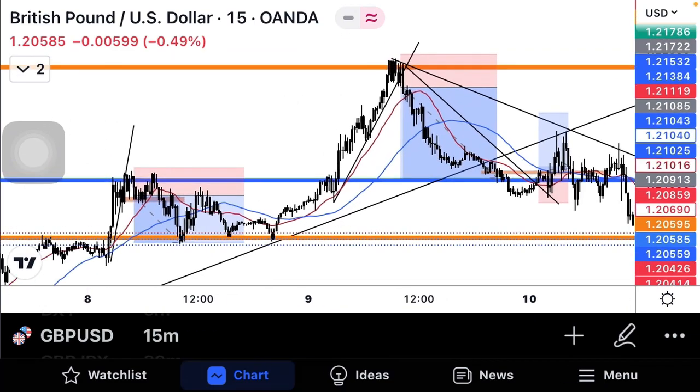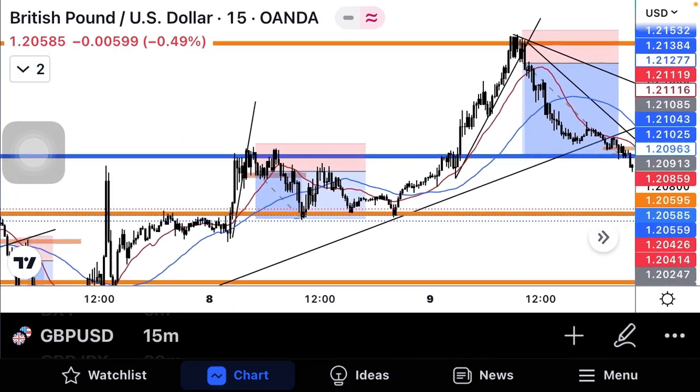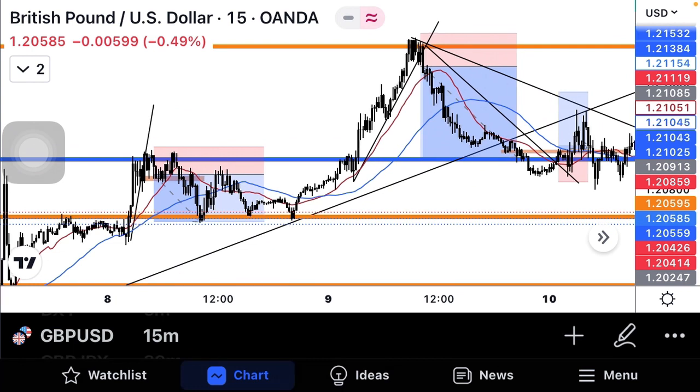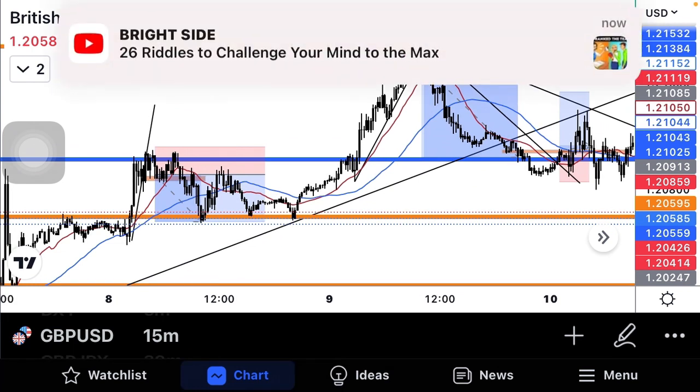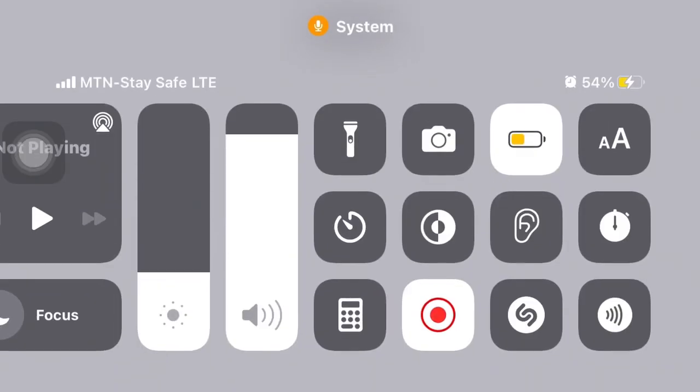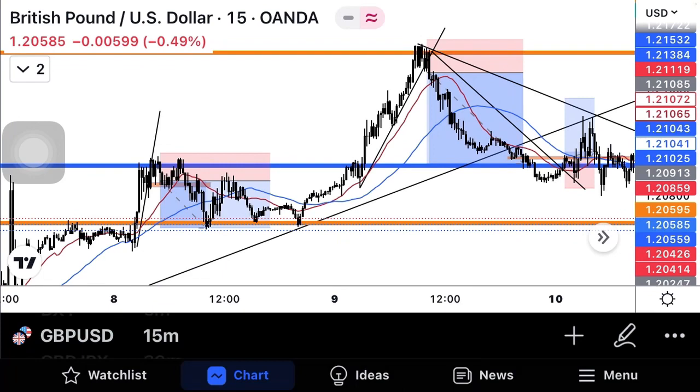Everything has just changed, and this strategy I just tried to refine it, and this strategy has an 80% win rate. So this strategy has been doing well for me.